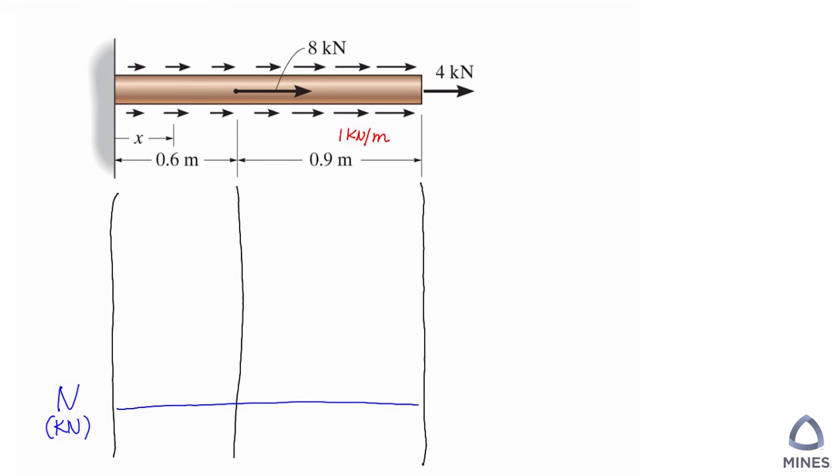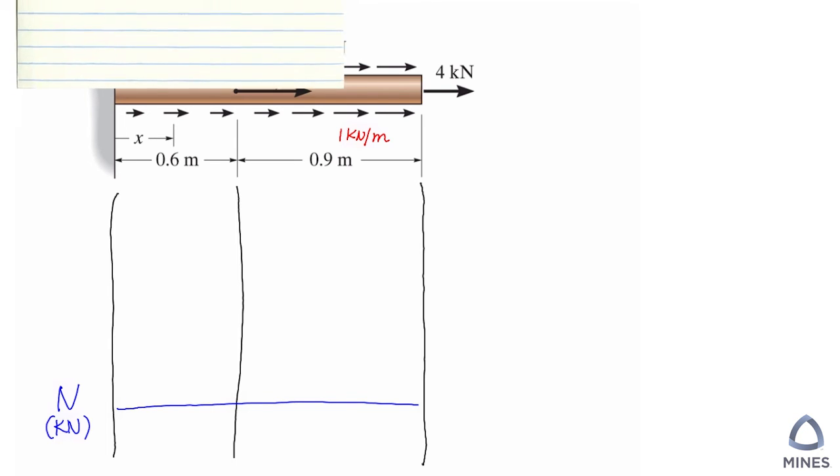When you move your cut, you can see we have more and more arrows involved, which means we're not going to have the straight horizontal line anymore. We're actually going to have a sloped line for the axial load diagram, and the slope is going to be equal to the distributed load magnitude. We start from the free end.